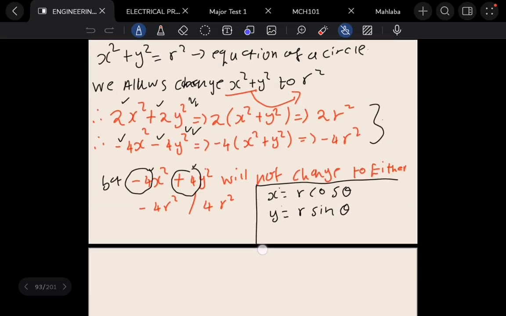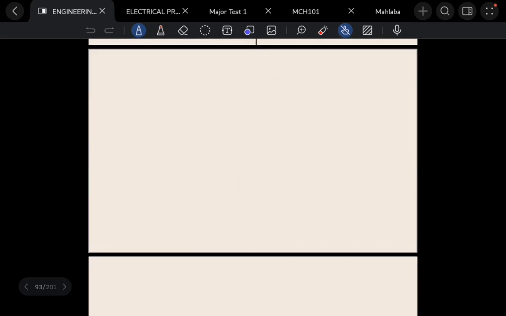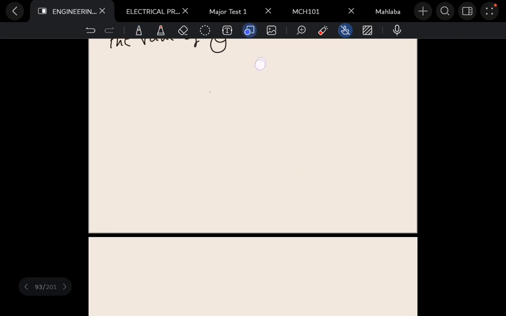Now, what you need to know again is the value of theta.